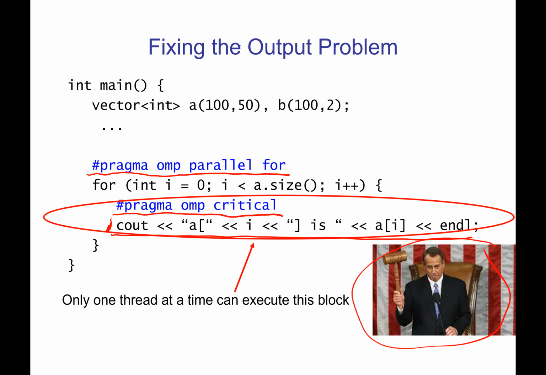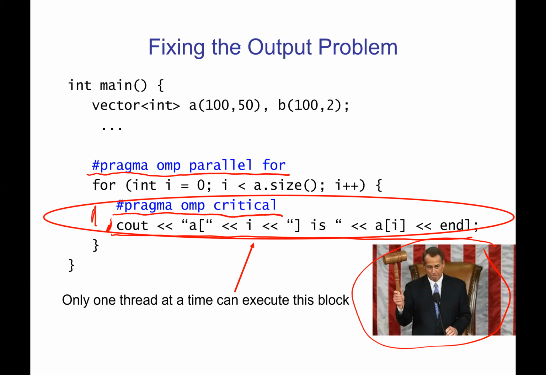It does slow your program down. If we have a lot of these critical sections, it can slow us down because only one thread can actually execute it at a time. If we do that all over our parallel fors, we may destroy all our speedup. But that's still better than being incorrect.